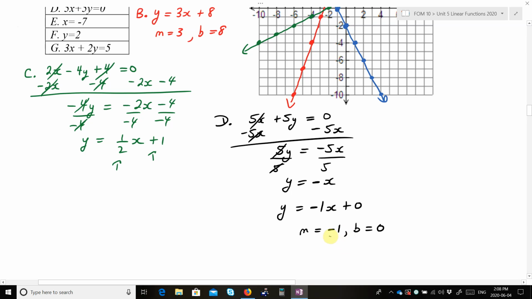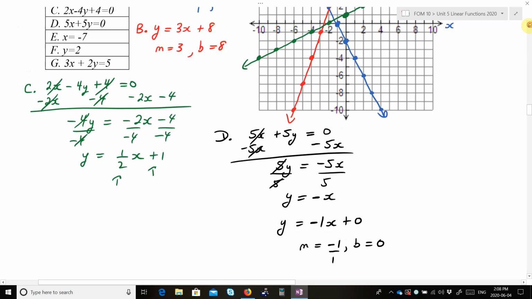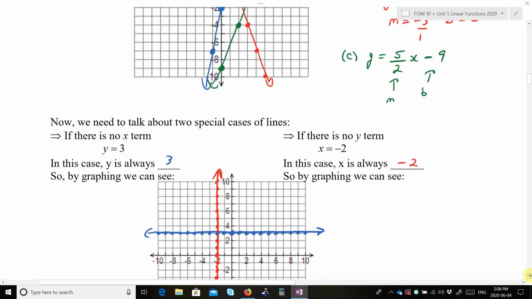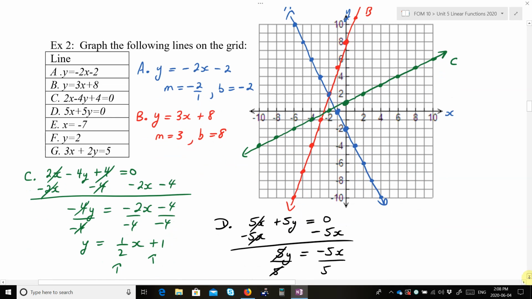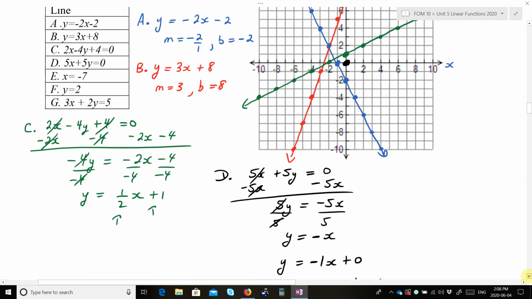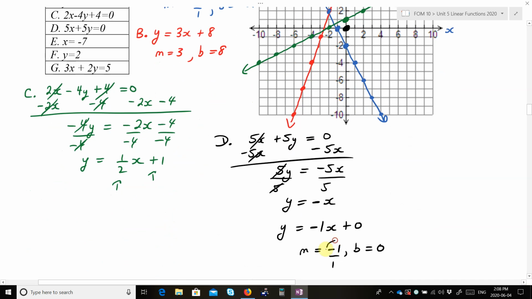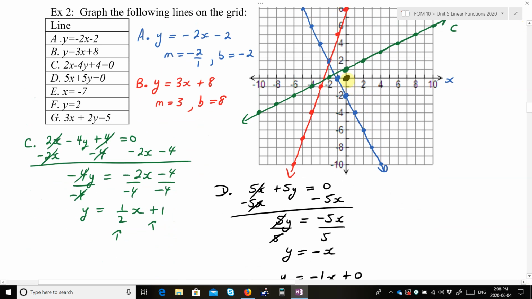And negative 1 as a fraction is negative 1 over 1. Okay, so b, the y-intercept, was at 0, so that's where it touches the y-axis, and then we have a negative 1 over 1 slope, which means down 1, 1 to the right, down 1, 1 to the right, down 1, 1 to the right, and so on.